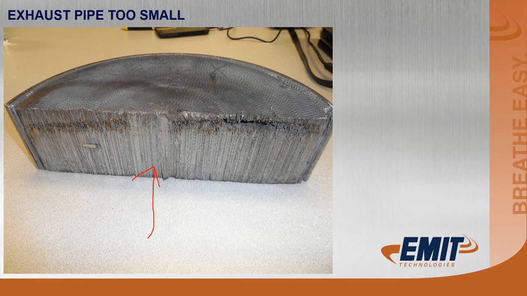Now this unit was no longer usable because it had melted so much that it started plugging it off. The back pressure is what we really saw increase. The numbers were failing fast, but the back pressure was also increasing because we were literally melting the foil and it was sealing itself off.